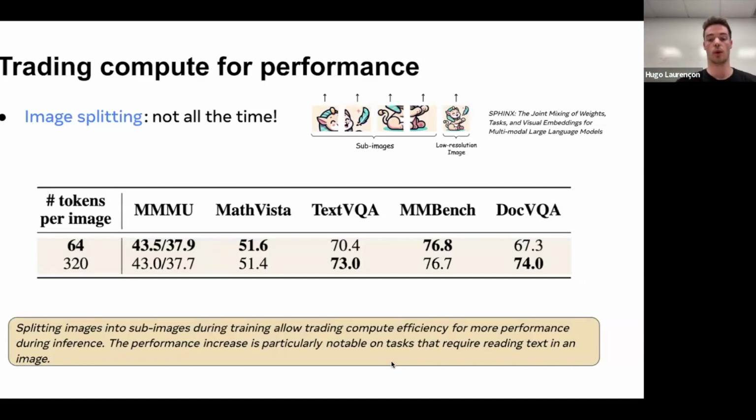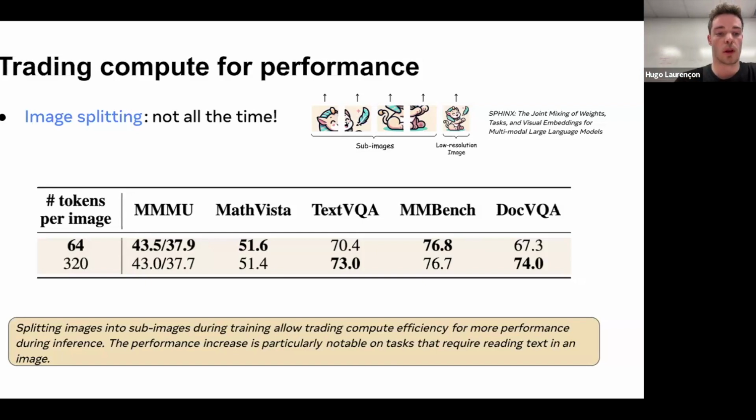Then to also learn the overall representation of the image, you can take the original image, downscale it to a lower resolution image and encode it as well, and stack it with the other visual tokens.